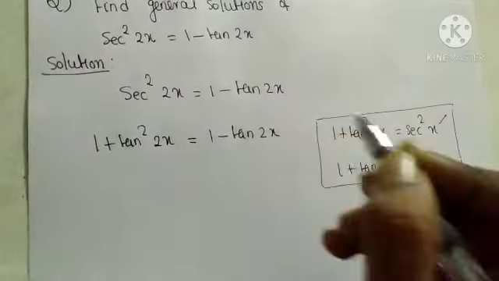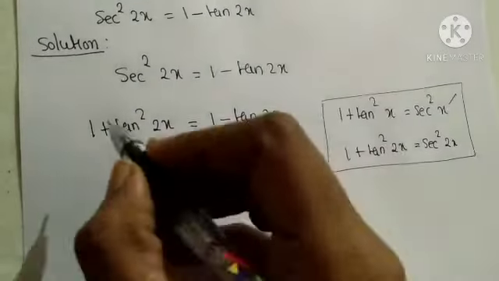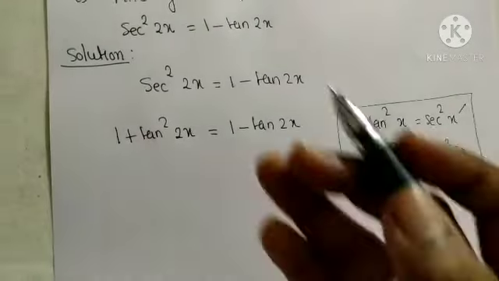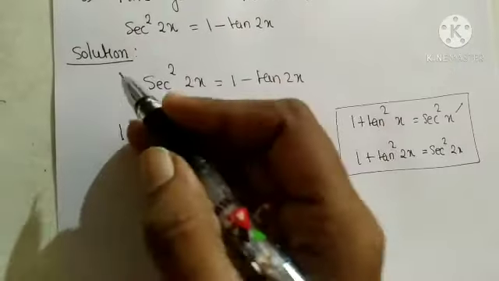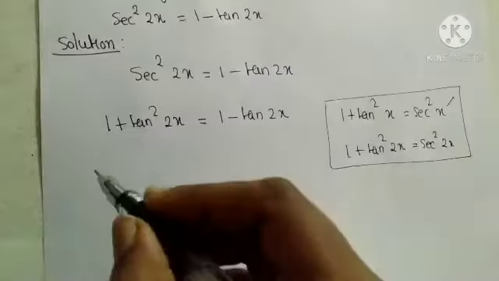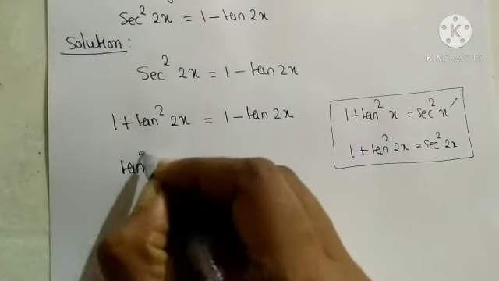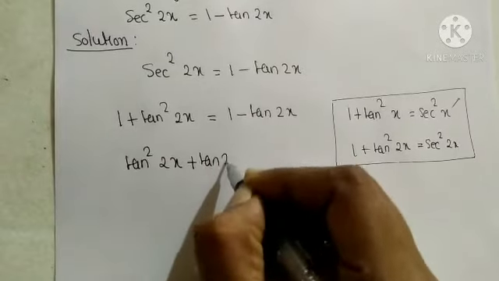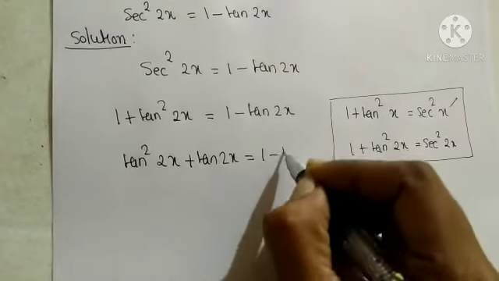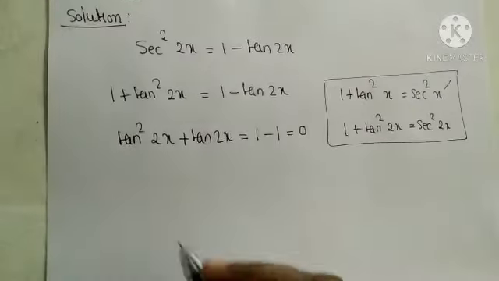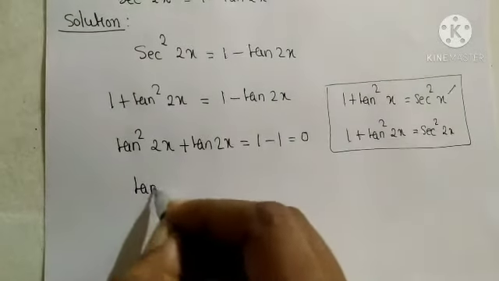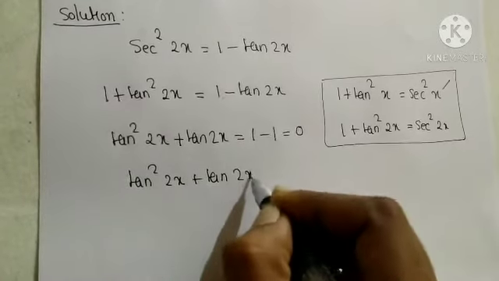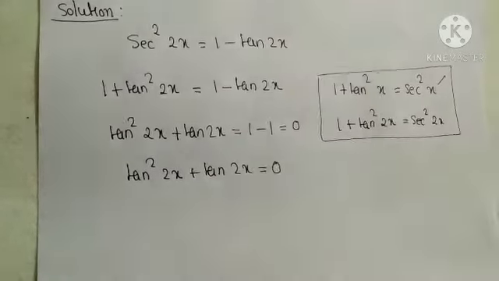So I'm going to replace sec square 2x by 1 plus tan square 2x, equal to 1 minus tan 2x. Okay, from this, taking all tan terms to the LHS and the constant term to the RHS, it will become tan square 2x plus tan 2x equal to 1 minus 1, or equal to 0. So here we get tan square 2x plus tan 2x equal to 0.